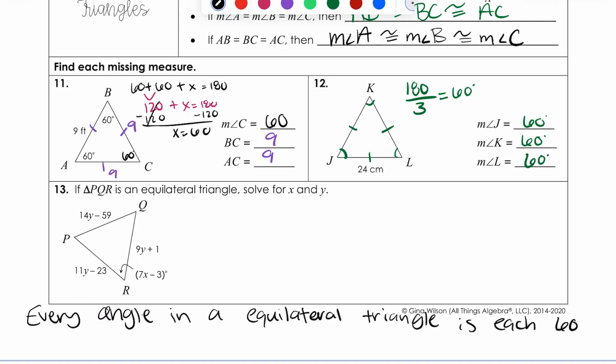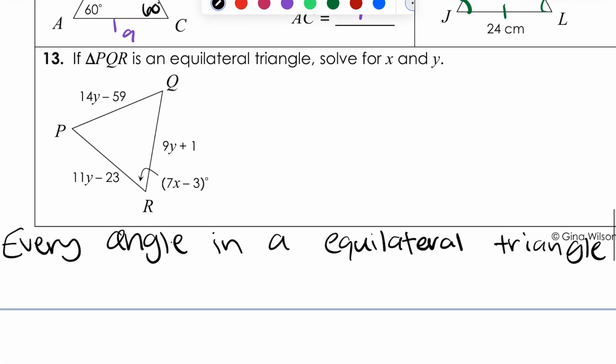So number 13, it says if PQR is an equilateral triangle, that means all the sides are congruent. Solve for both x and y. Well, I would solve for y first because all these sides are congruent. So really, you can pick your favorite 2. My first block picked 9y plus 1 is equal to 14y minus 59.